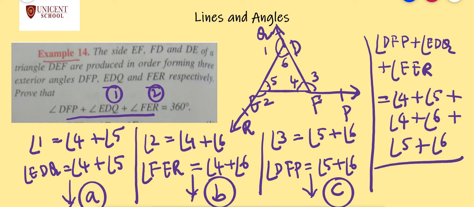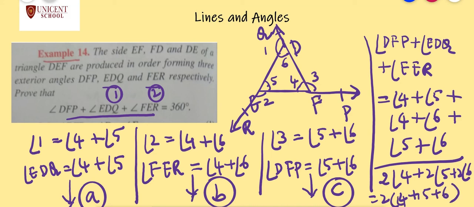So I'll get 2 times angle 4 plus 2 times angle 5 plus 2 times angle 6. So I'll take 2 common: angle 4 plus angle 5 plus angle 6. Right. So I know that in a triangle, angle 4 plus angle 5 plus angle 6 is equal to 180.